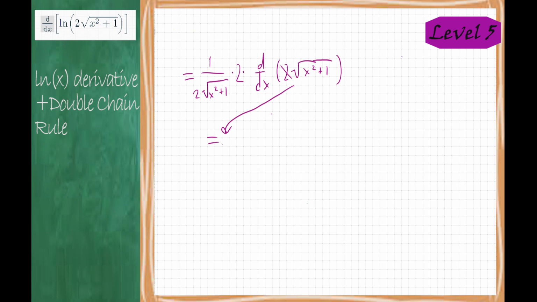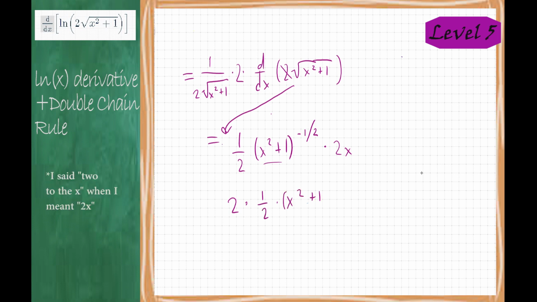So applying the power rule, basically the square root of x squared plus 1 will be 1/2 times x squared plus 1 to the negative 1/2 power. And then we want to multiply that by the derivative of that inner function, applying the chain rule a second time. So it's times 2x.